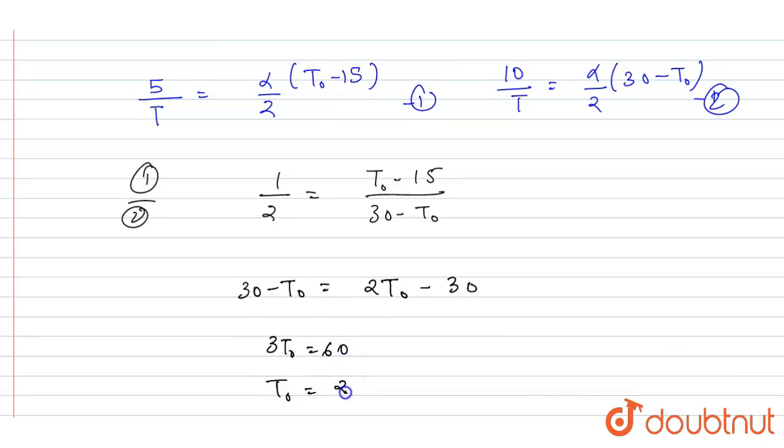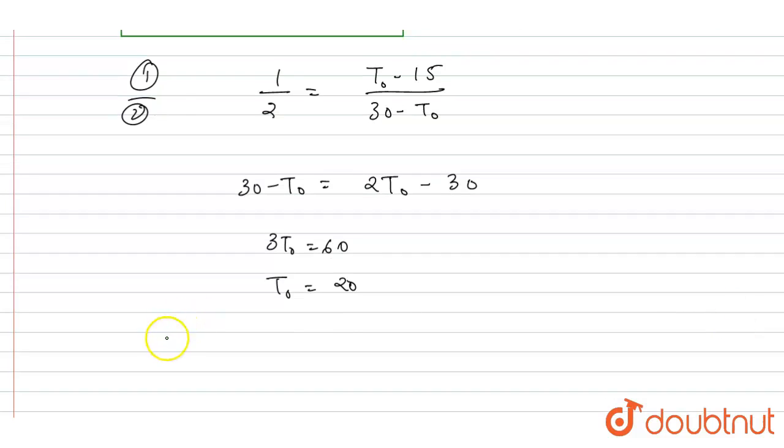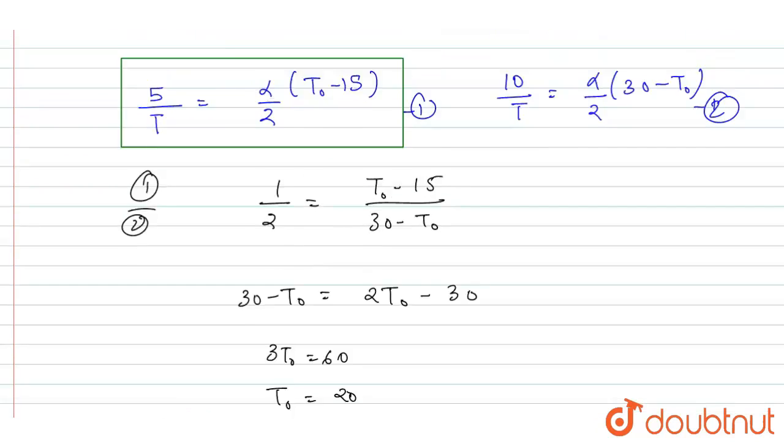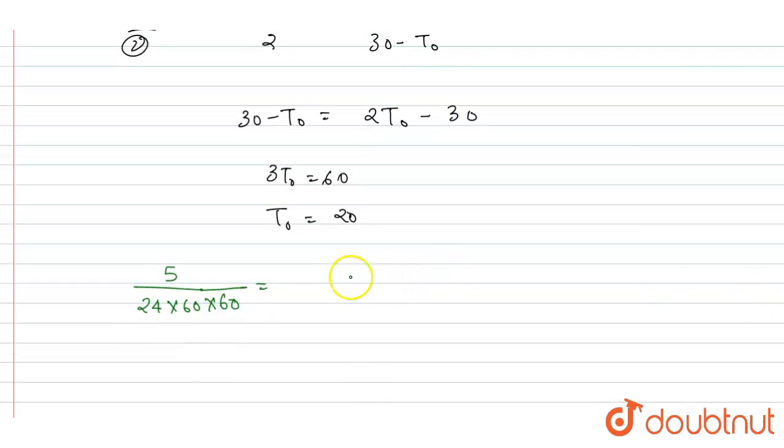Now you can put the T naught in any of these equations. Let us put the T naught in the first equation. For the time period here, it is 24 hours into seconds. If I convert it into seconds, it will be this, and it is equal to alpha by 2 times T naught, that is 20 minus 15.